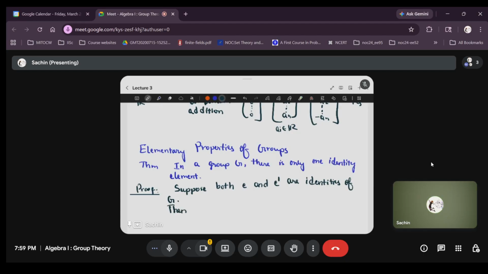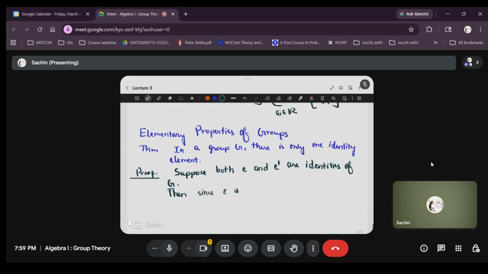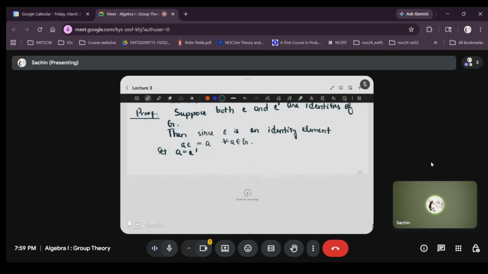Then, since e is an identity element, ae equals a for all a in G, set a equal to e prime because that is also a group element.